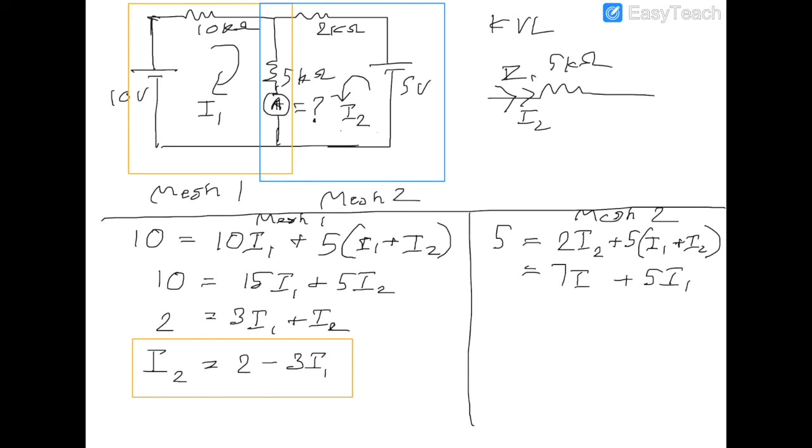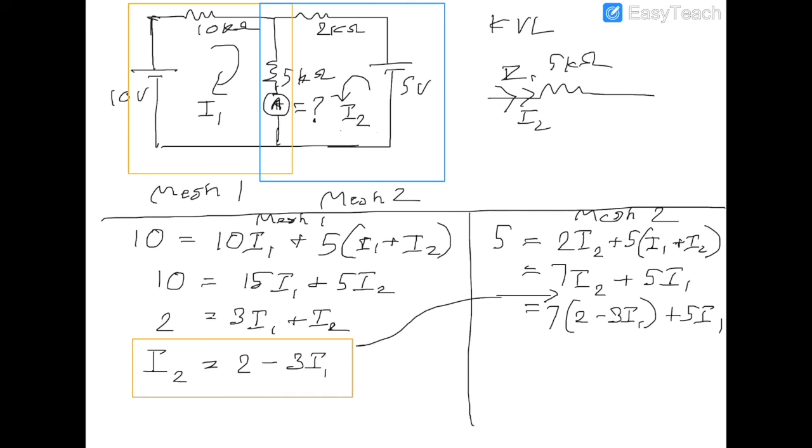So difficult to get these things precisely. So this is going to be 2. Right? So if I substituted the value of I2 here, so I2 is 2 minus 3 times I1 plus 5I1.